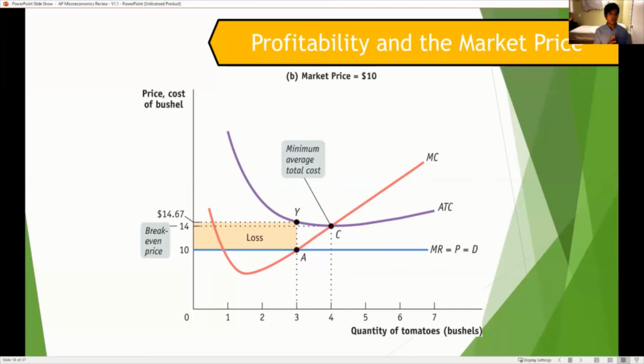Again, a fixed cost is fixed in the short run. And if the market price is below the minimum, well, they're going to shut down now. Why? Because the market price, which is the marginal revenue that they receive, doesn't even cover the additional labor costs, let alone the fixed costs. So it makes sense for them to shut down immediately.